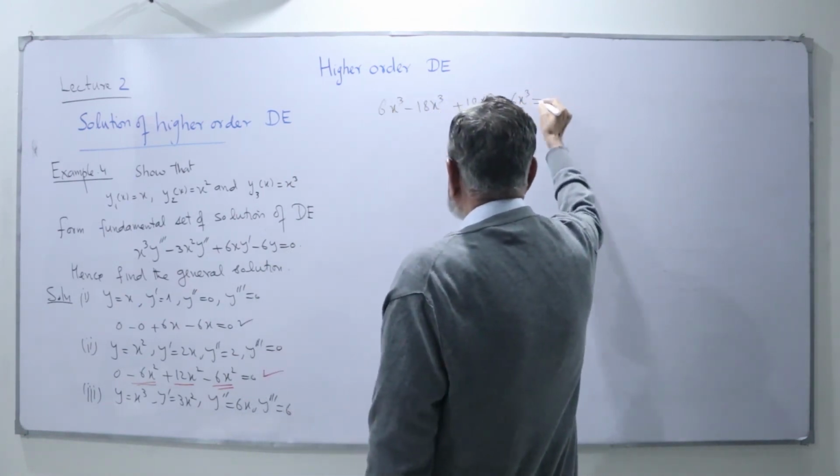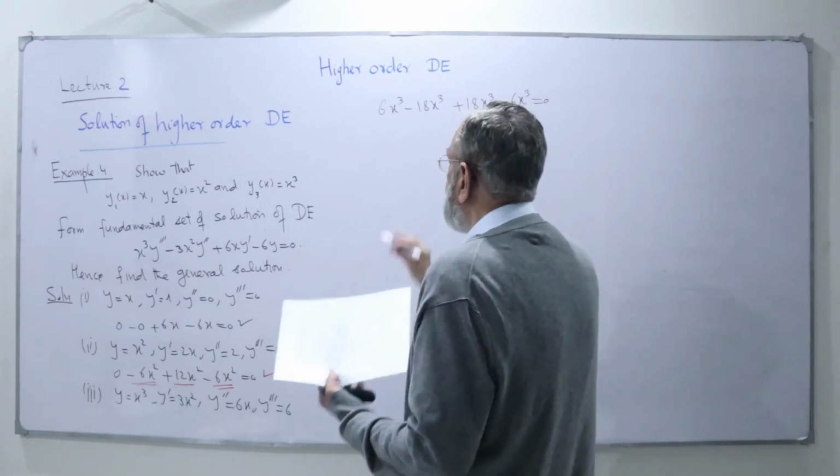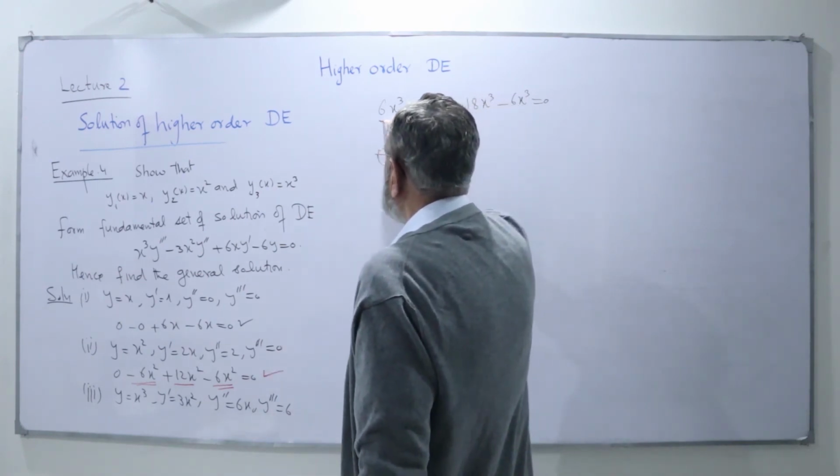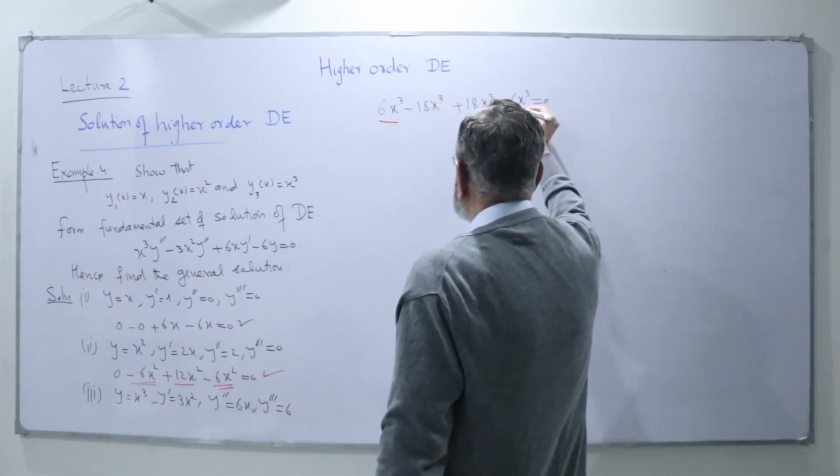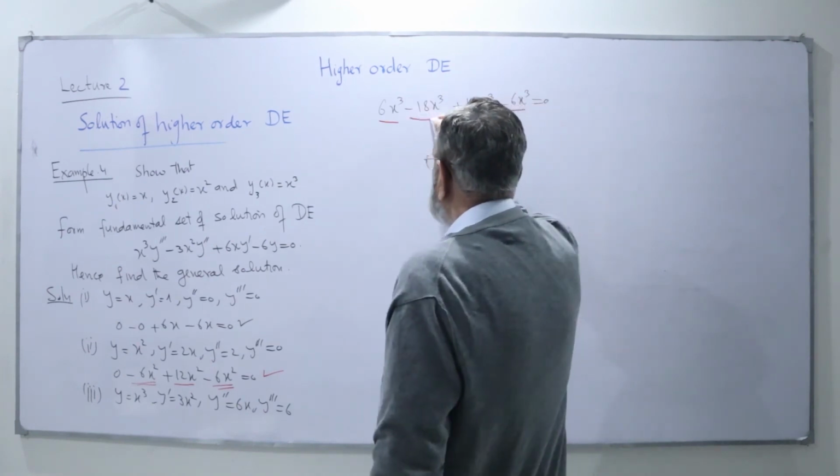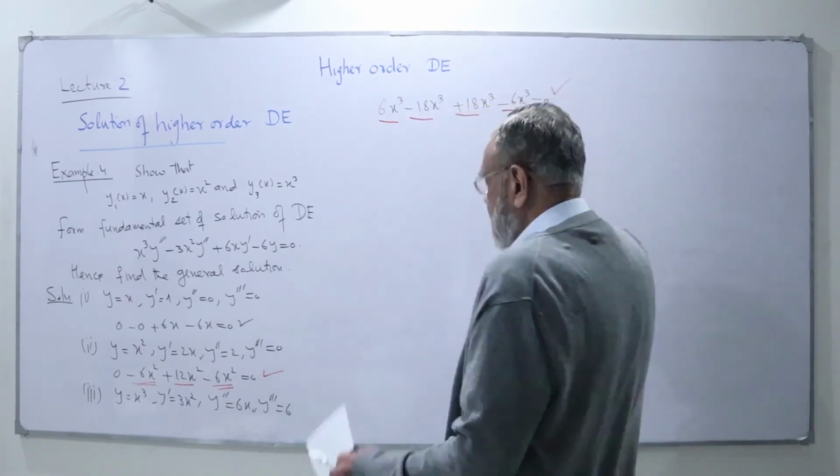We calculate this, this is equal to 0, and you can see the 6x cubed minus and 6x cubed plus cancel, so it's also a solution.